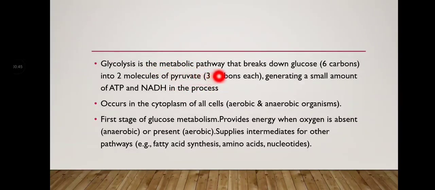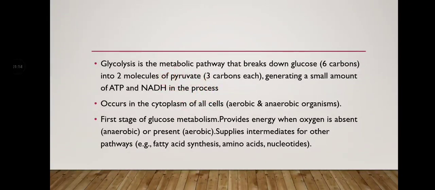So the 6 carbon molecule, which is glucose, is broken down into 2 molecules of pyruvate. And in the process, what is produced? Energy in form of what? ATP, and the molecules NADH, which are also used to produce ATP in the electron transport chain.